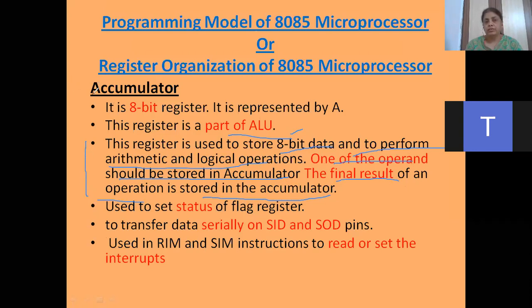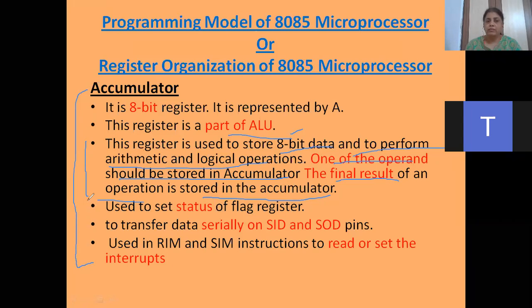See, this topic itself is an independent question: what are the different functions of the accumulator? You can divide this third point into two parts: one, it is used as a normal 8-bit storage register, and second, it is used in arithmetic and logical operations. One of the operands or data should be stored in the accumulator, and after processing, the final result will again come in the accumulator.